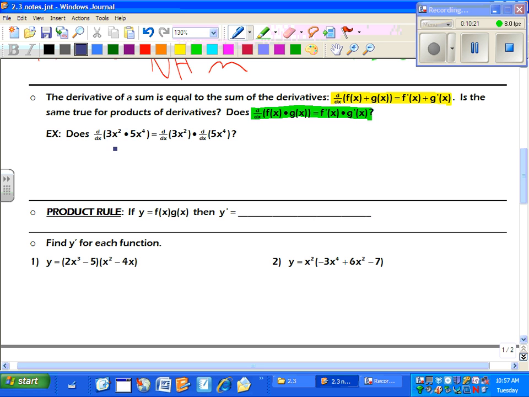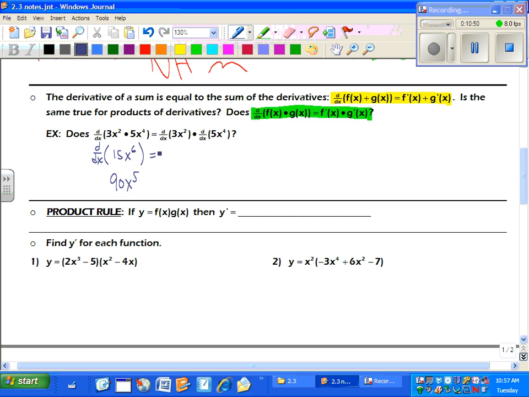So on the left here, if we look at 3x squared times 5x to the fourth, how can we simplify the inside of that before we do the derivative? 15x to the sixth. What's the derivative of 15x to the sixth? 90x to the fifth. Multiply 15 times 6, subtract 1 from the exponent.